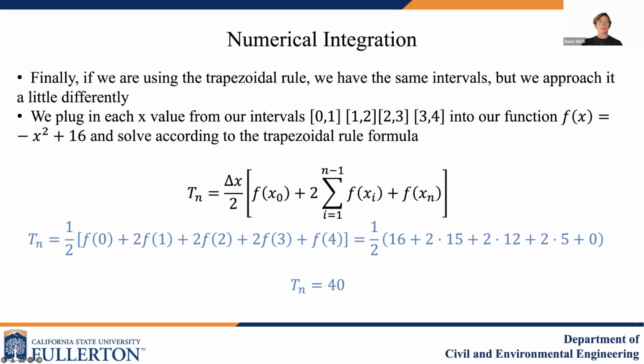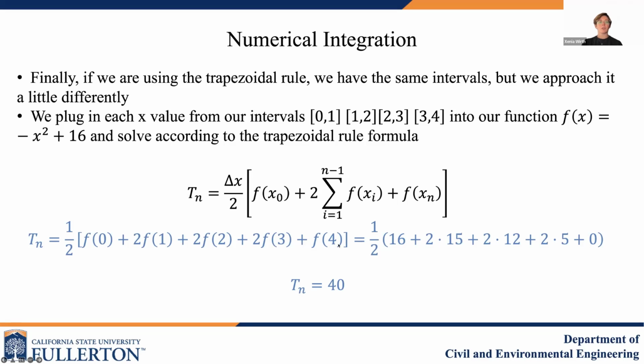So for the x1 position, where x is equal to 1, we evaluate the function and multiply it by 2. For the i equals 2 position, x2, that value is 2, and we multiply that by 2. When we evaluate the function at the third position of x, where x is equal to 3, we multiply that by 2.